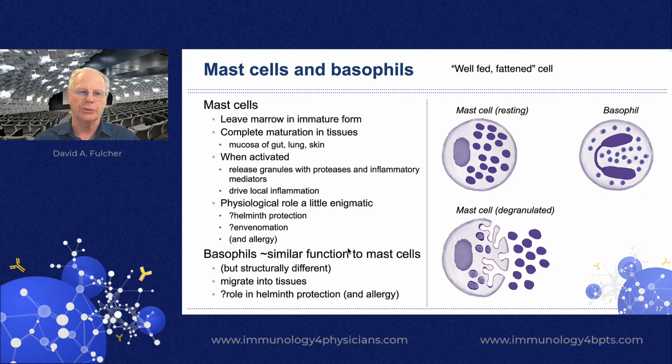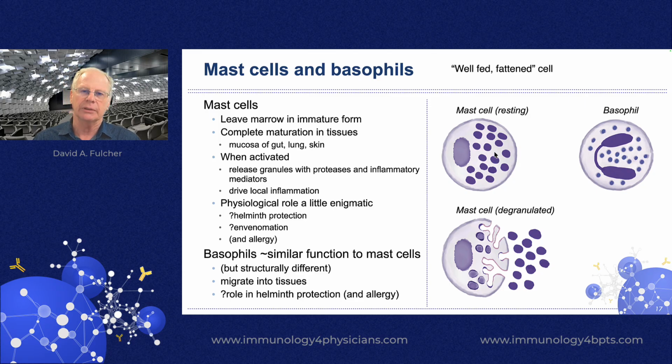Similarly, mast cells and basophils are well known for their role in allergic disease, but of course that's not why we have them. They leave the marrow in a mature form, they mature in the tissues, the gut, lung, skin, and when activated they release their resting granules.